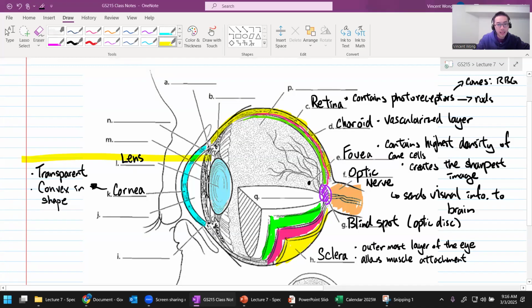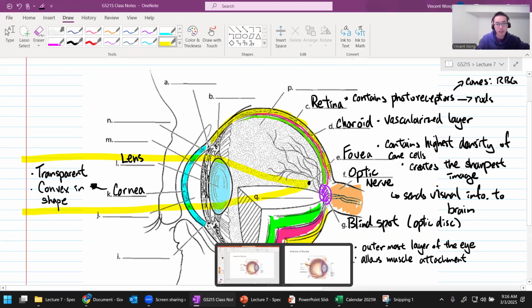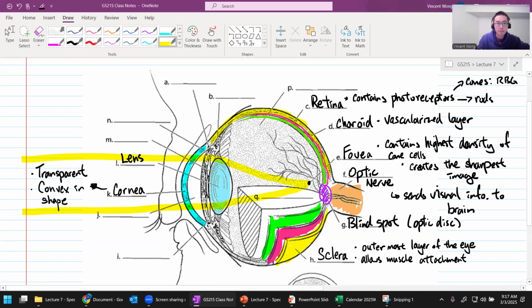You will have light rays coming in, and then the lens will bend them so that they are projected onto the fovea. The shape of the lens will actually change depending on whether you're looking at something far away or nearby. For people who wear glasses, it's because the shape of the lens might have changed or the length of the eyeball has changed. We will talk about those things as well in the PowerPoint slides. Okay, so that's the lens.